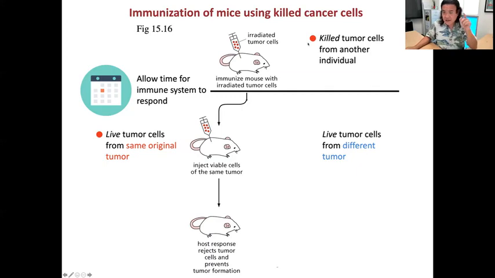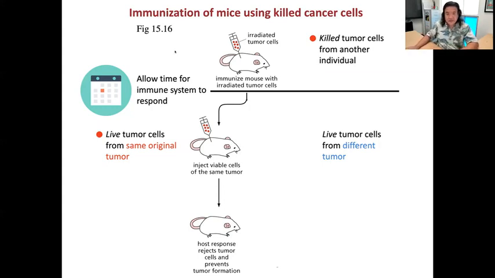Let's say you inject some of these killed tumor cells from another mouse into this mouse. So this mouse's immune system now has a chance to see all of these different antigens, and the mouse has an opportunity to come up with some sort of an immune response. Importantly, because these cancer cells are irradiated or killed, there's no chance of a new tumor forming.